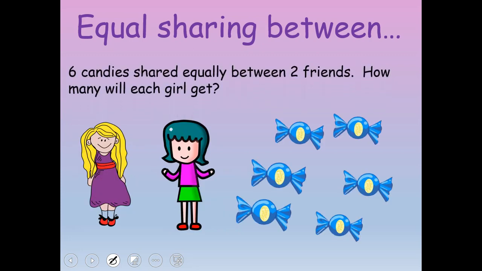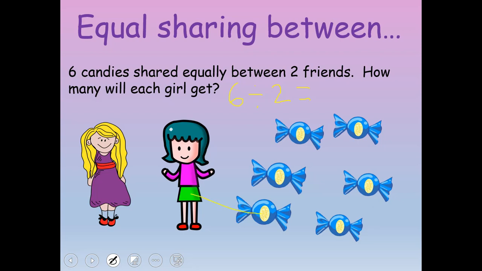So here we have 6 candies, and they're shared between 2 friends. So how many will each girl get? So again, we have 6, and we are putting it into 2, so 6 divided by 2. What we can do is we can just put them into 2 groups, or we can just give them each a candy, okay?